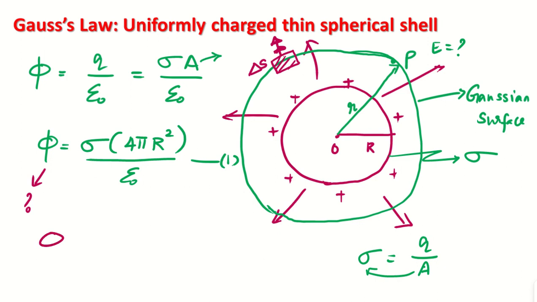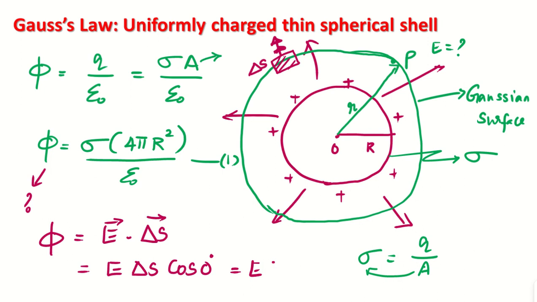So let us write flux equals E dot delta S, which is E delta S cos 0, so that will be E into delta S.